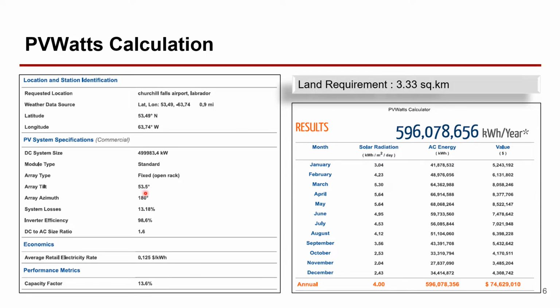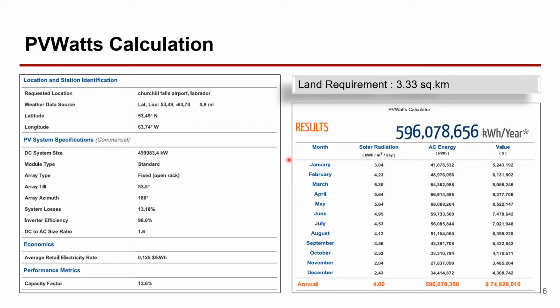We used fixed type PV modules. The array tilt angle was selected as the latitude angle, and the azimuth angle was 180 degrees because it is in the northern hemisphere. System losses were based on the reference utility scale solar power plants. Inverter efficiency and DC to AC size ratio were taken from the inverter datasheet.